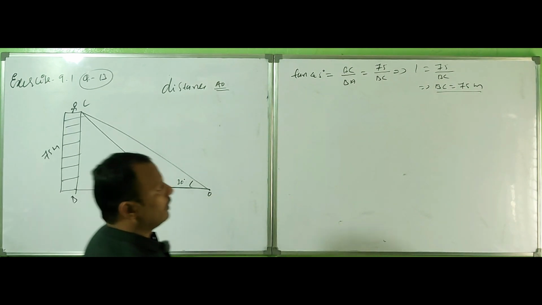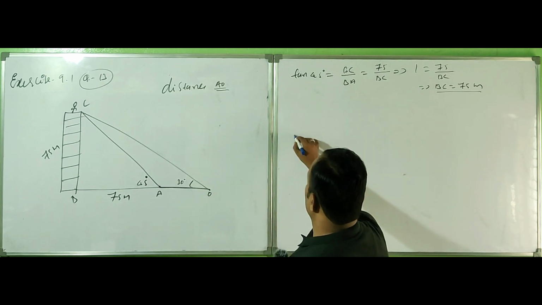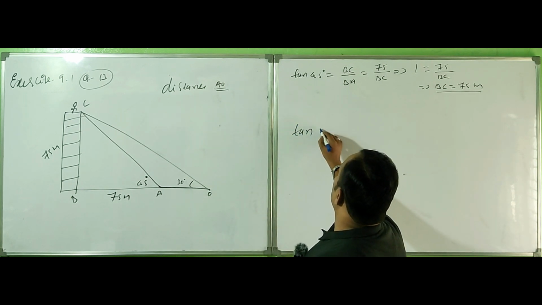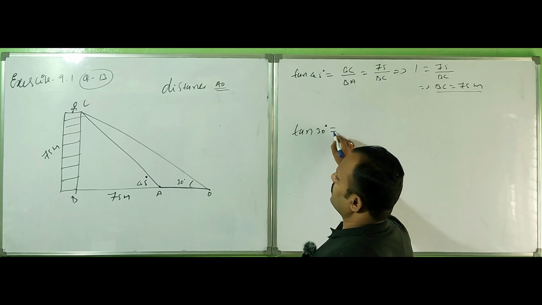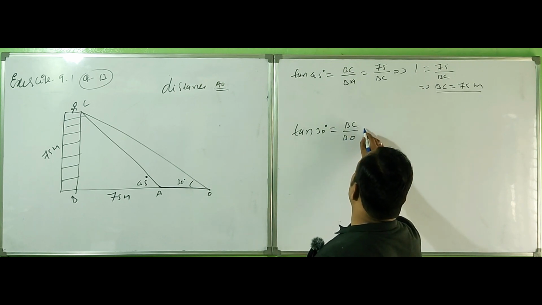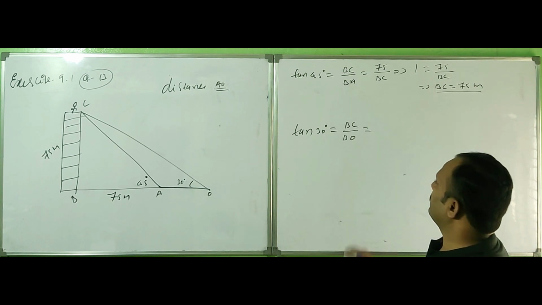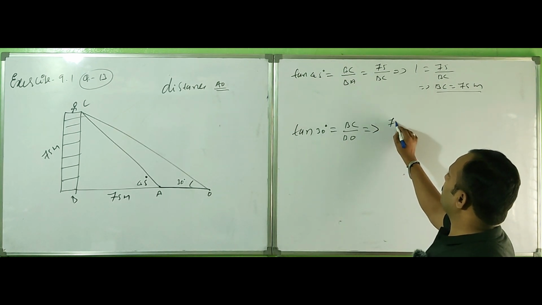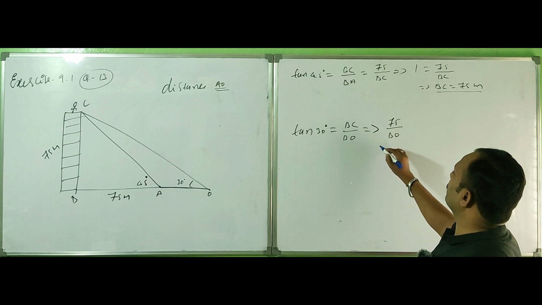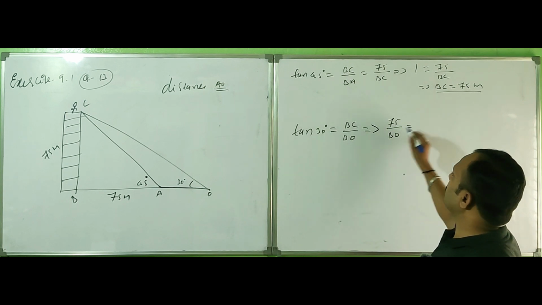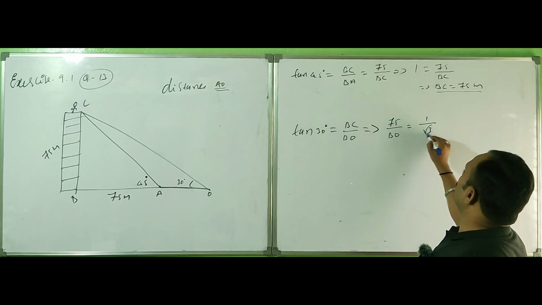Then tan 30. Tan 30 is equal to BC by BO. What BC did they give? 75 by BO is equal to tan 30, which is 1 by root 3.